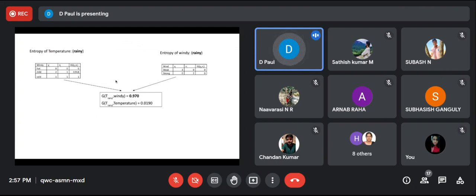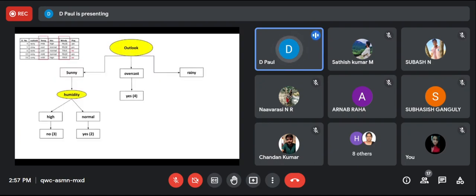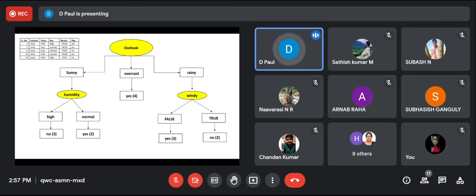Calculating the information gain, entropy and gain, we got windy as the higher value. So we'll place windy under rainy. Under windy, we have two subsets, true or false. All the true are no, and all the false are yes. So we got the leaf nodes. That is how the tree is constructed.